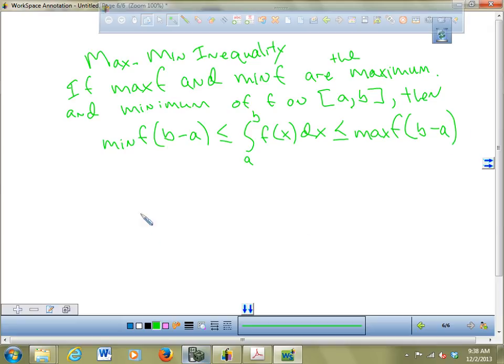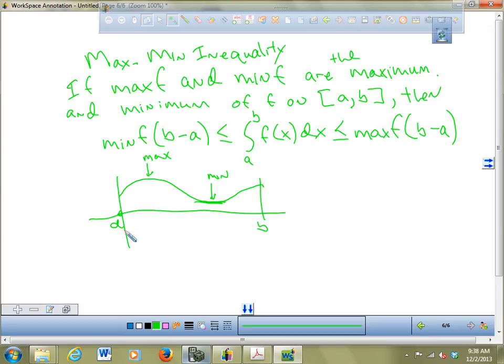What the heck does that mean? That means if I have some function, let's just draw it in the first quadrant here. Say it goes up here, goes down here, and then it ends here. Here's a starting point, here's the end point. Here's the minimum, and this is the maximum.